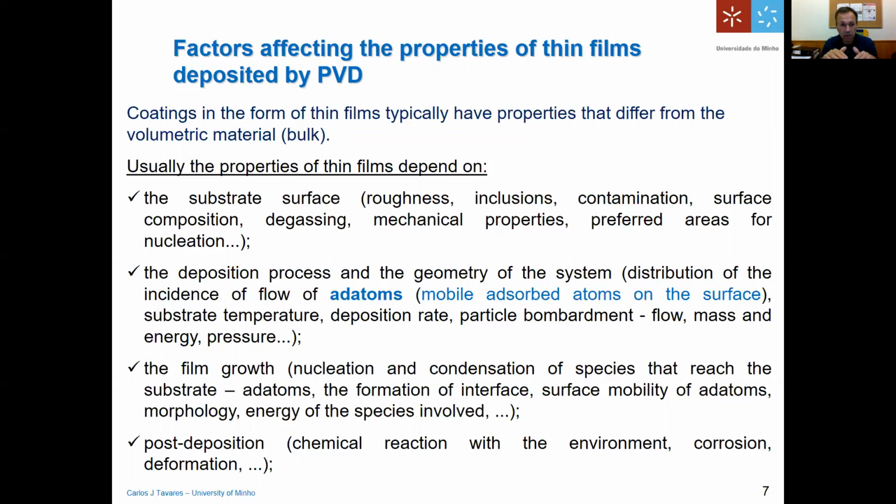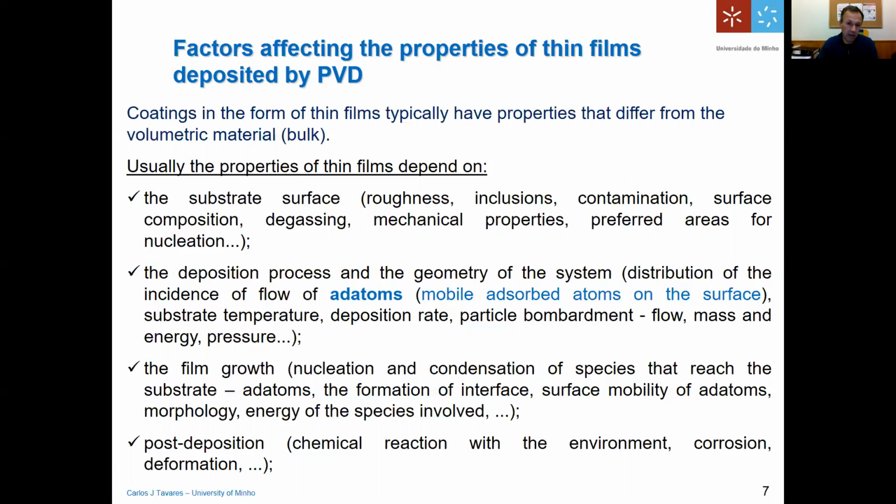If the substrate has a big roughness, then this waviness can be replicated into the thin film, and you have to take this into account also. So the deposition process and the geometry of the system is also very important, because for all deposition techniques, you have to think of the source where your material is going to be released.